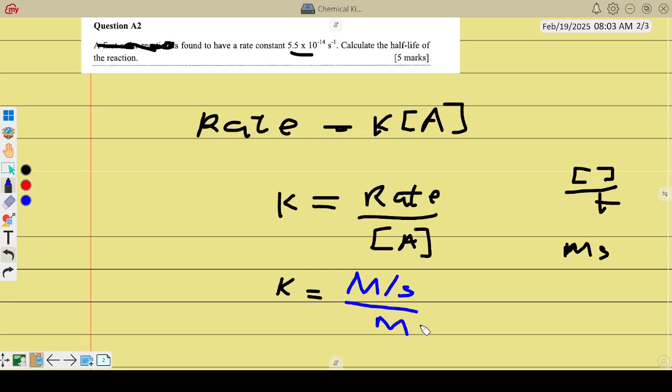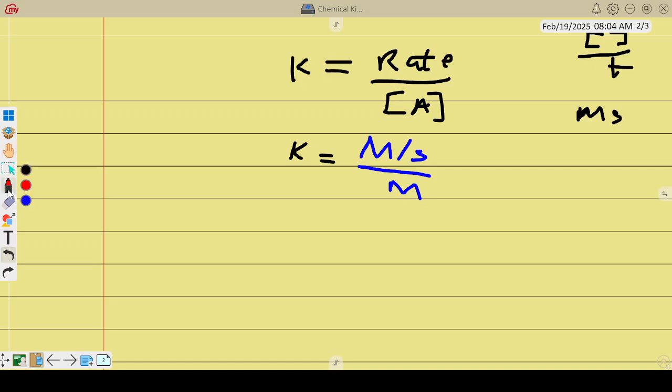It's molarity. And then you can cancel out the m's. Before I cancel them out, let's see how they are cancelling. So k is equal to molar per second divided by molar.